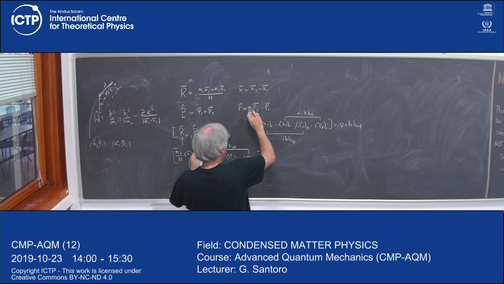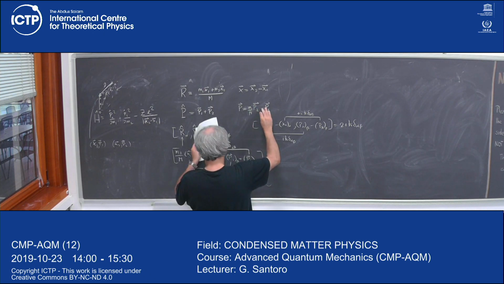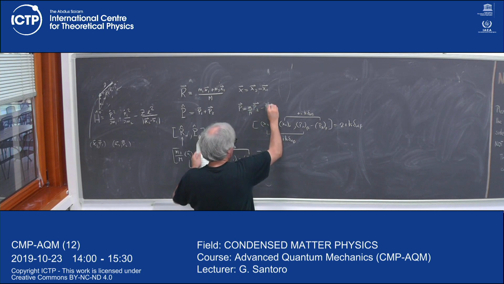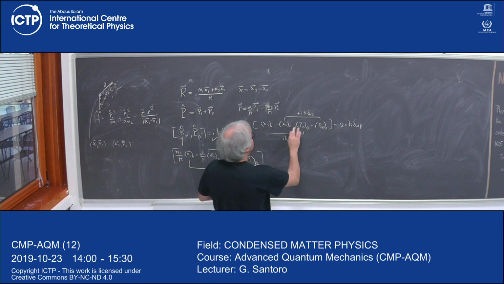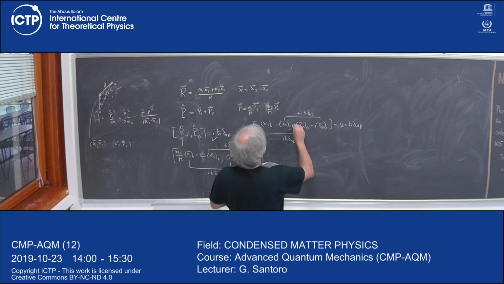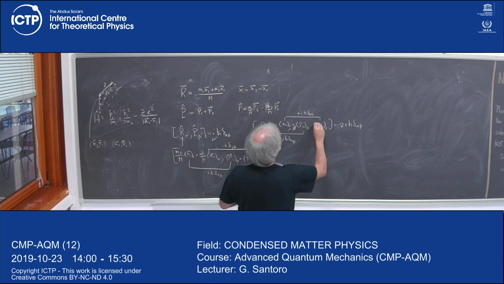Here it is: m1 over M in front of p2 minus m2 over M in front of p1. Okay? If you check, here I have m1 over M in front of p2, and here I have m2 over M in front of p1.